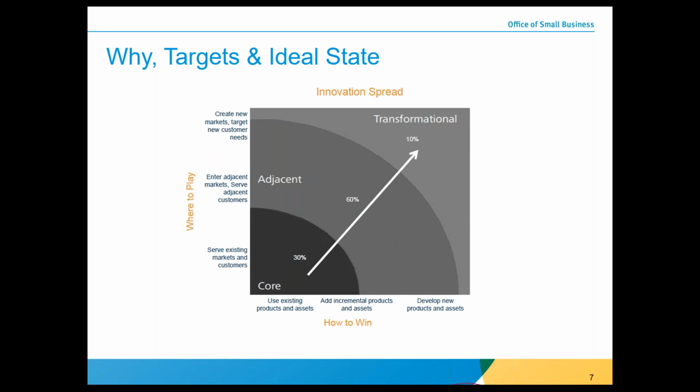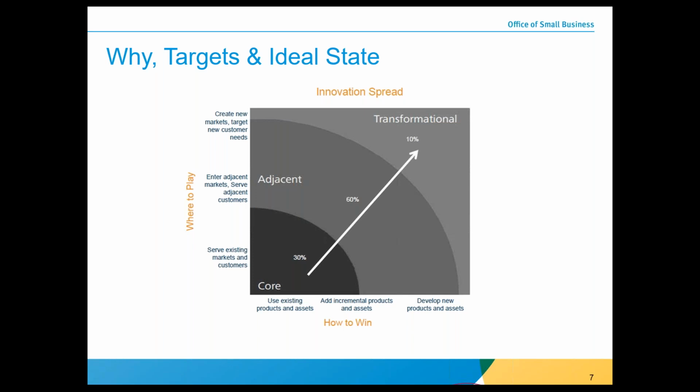This is actually some data from a client previously who were reviewing their innovation system. They were a small business, but they were established. They were already generating revenue. They'd been in business for a few years.